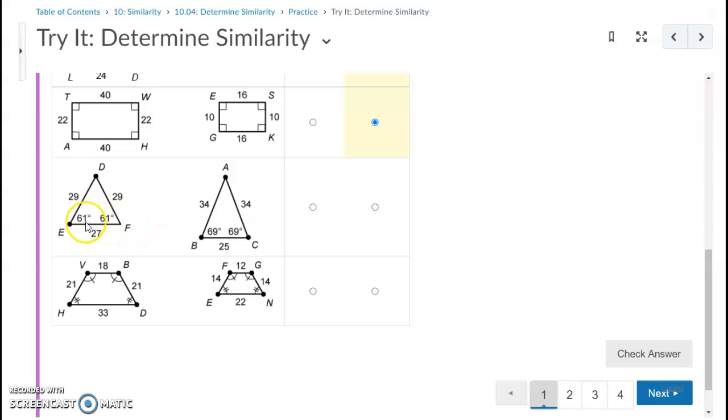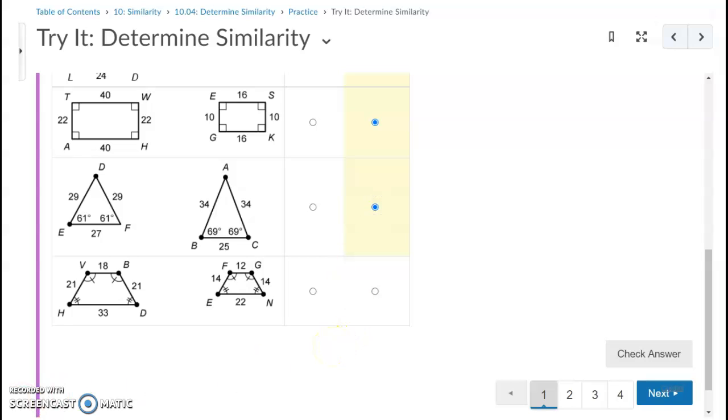And I see that these ones are 61 degrees on the bottom and these ones are 69. You can kind of tell by looking at them that they aren't really similar to each other. But don't always go by how it looks in the diagram. Sometimes they'll make it look a little bit different, but the angle measures definitely are not going to work here. So those ones are also not going to be similar to each other.